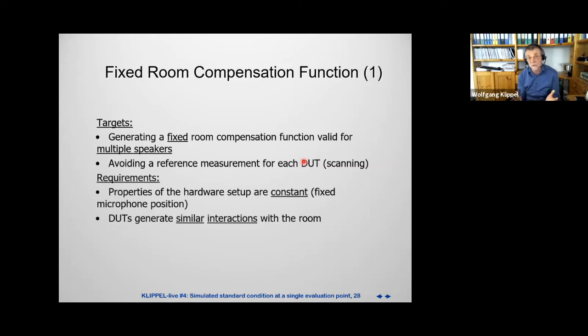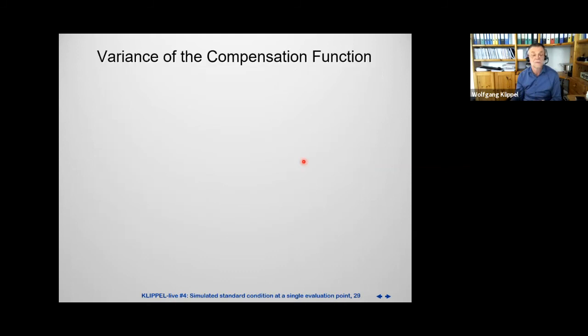Of course, the DUT, the loudspeaker, should be placed at the same position, but it should not radiate sound to the rear side, or have multiple tweeters or multiple woofers placed at different positions on the box. That will not work 100%. And the DUT should have similar near-field properties if we are using the second method to extrapolate from the near field into the far field.